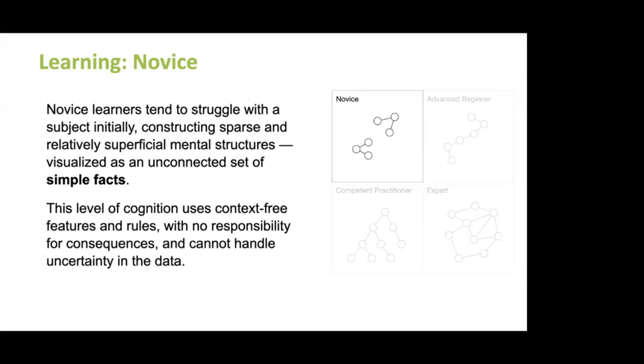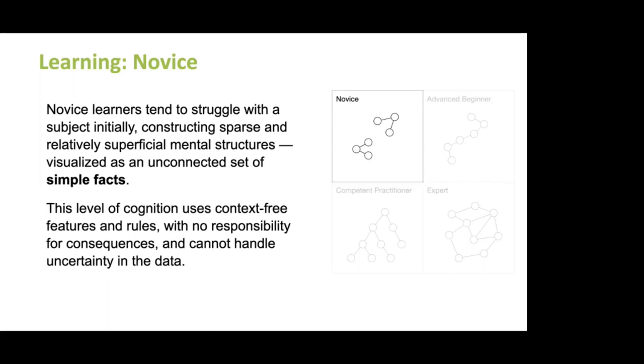Novice learners typically have not acquired enough of a foundation or basis in a subject. So they're working with initially sparse, superficial mental structures, usually an unconnected set of simple facts, until they start to understand the definitions and what the relationships are.